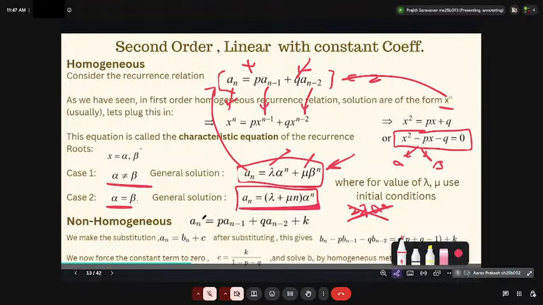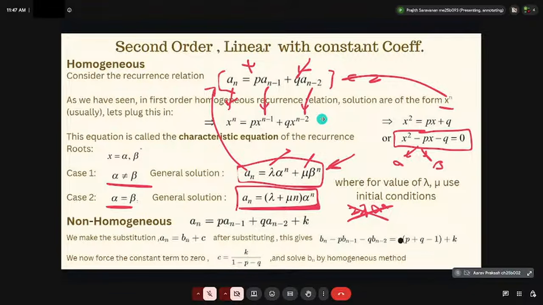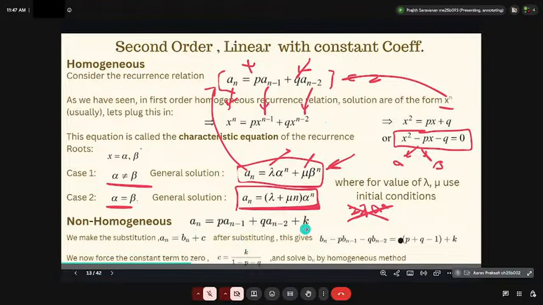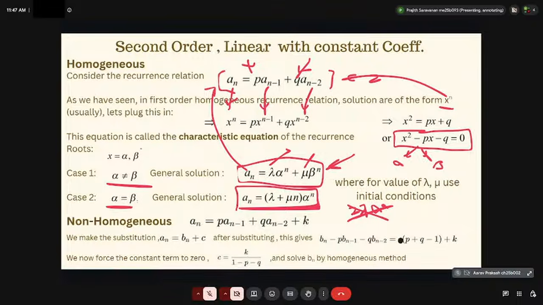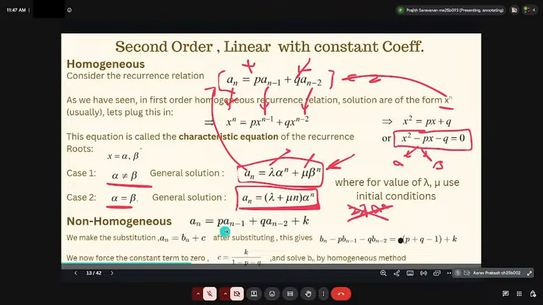Next, let's go to non-homogeneous, which is of this format. It's basically this expression with the constant. K is contributing to the non-homogeneity. What we do here is again we make the substitution.